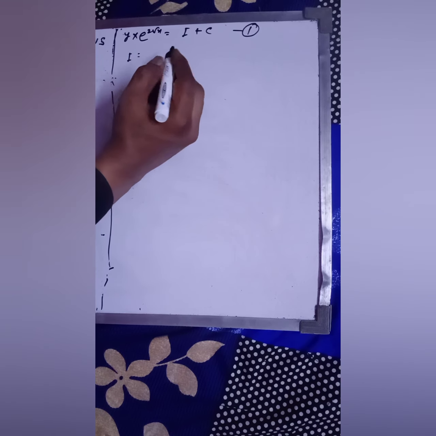So here I am going to solve your I. Your I is equal to integration, as you can see, e raised to power 2 root x into e raised to power minus 2 root x over root x into dx. This and this will cancel out.